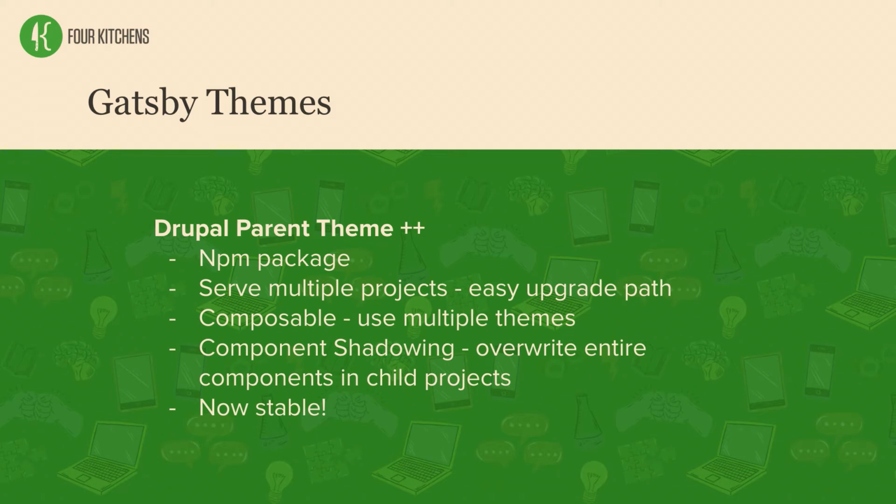This idea of component shadowing is what gives you the ability to change the design system in any way that you want. You literally can say, this component in the Gatsby theme, I'm going to completely re-architect it over here. I'm going to make it do something completely different. Sidebar is going to be a top menu. I mean, we're talking like this is as powerful as it gets in terms of overriding and restructuring the child as opposed to the parent. And it's now stable as of, I think, like late June or early July. So this is a very, very new thing, but it fit our need perfectly.